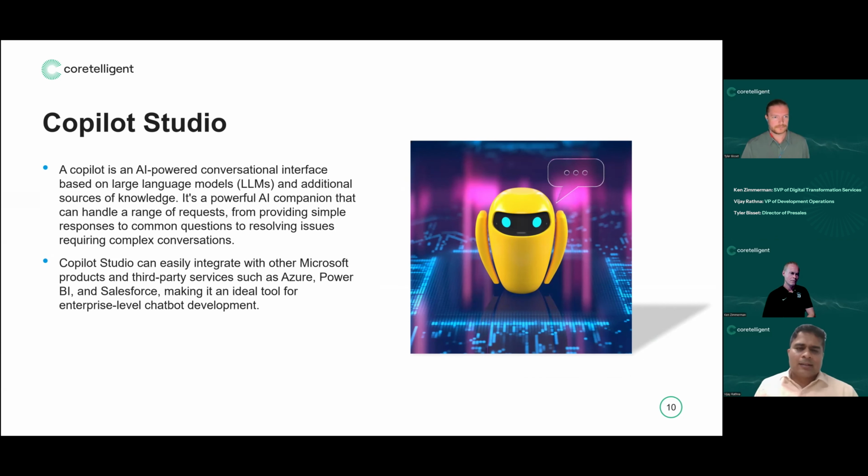Then the third tool, which is a little more sophisticated and is becoming more and more prominent, is Copilot Studio. So Copilot Studio is basically a graphical user interface tool by Microsoft to create virtual agents or chatbots, AI chatbots or AI agents, which you can deploy in your organization and train based on your own data.